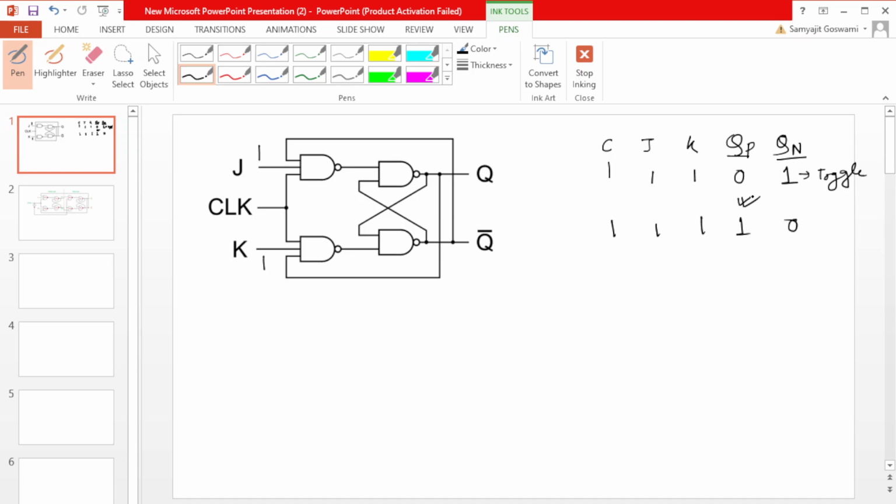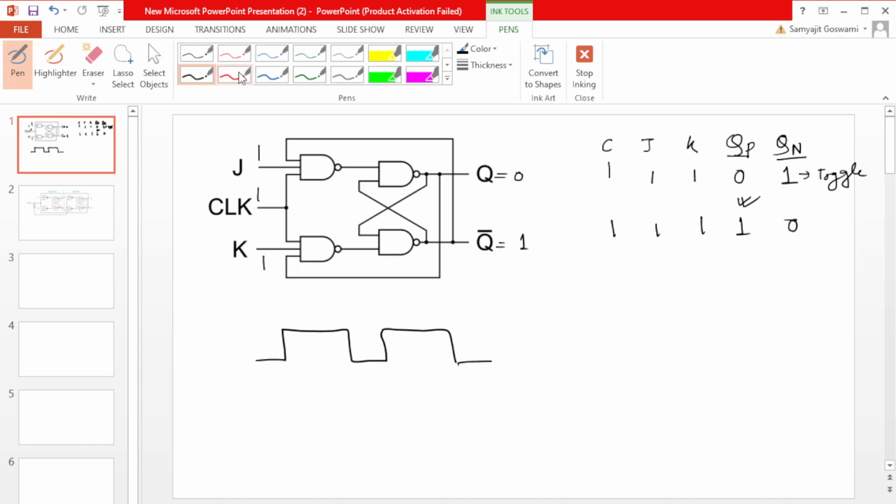In this way, if I draw a clock pulse and apply J and K and the clock pulse as 1, then what will happen? First I consider that it will be 0 and it will be 1. That means normally it is there.